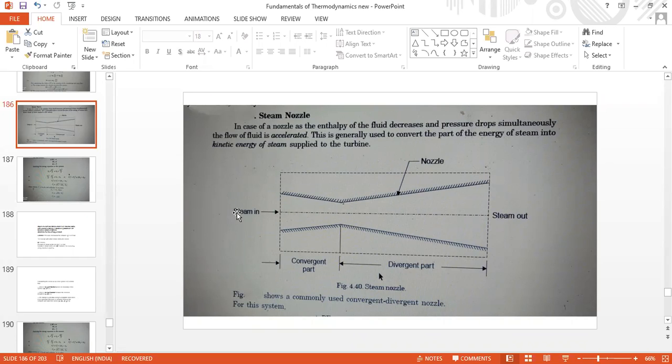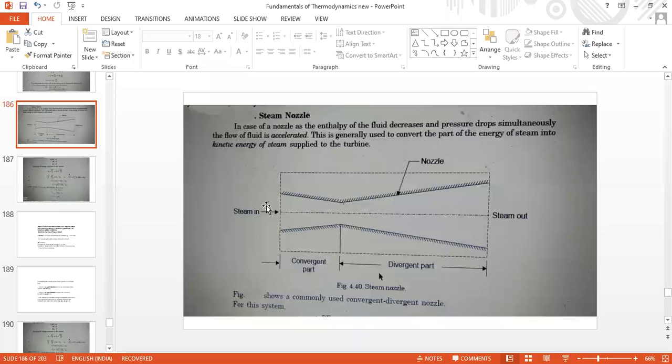A steam nozzle may use a convergent divergent type, and a liquid nozzle, say a sprinkler, will be convergent. The nozzles used at the end of a pipe are convergent because they are liquid nozzles, and they increase the velocity of the liquid.